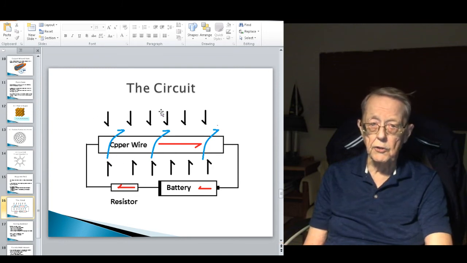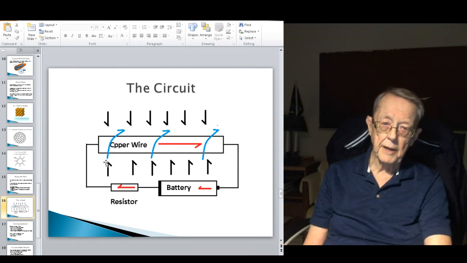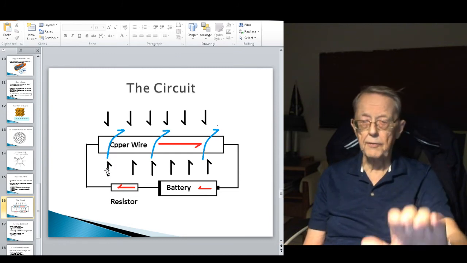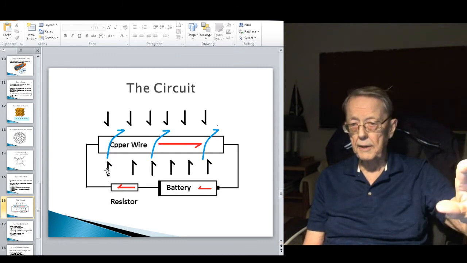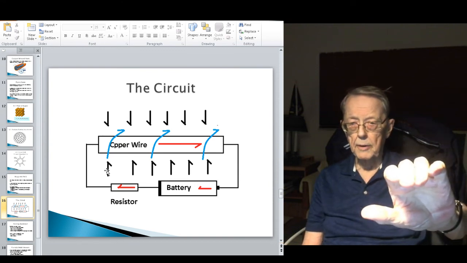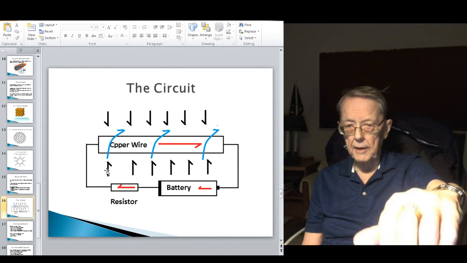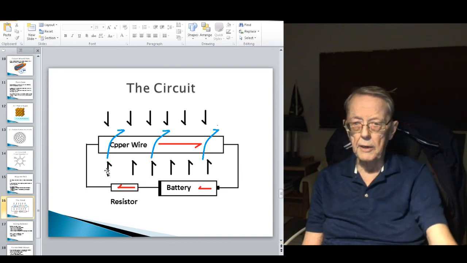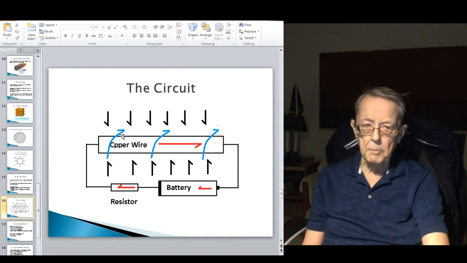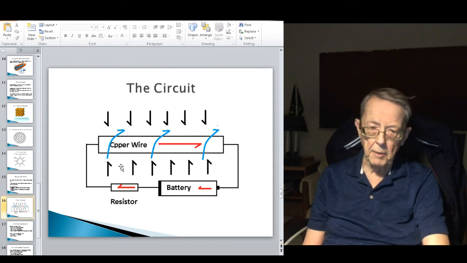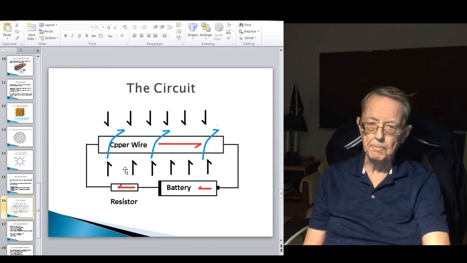You got the G2 force field around the wire, and I'm expecting that based on this, where if you use the left-hand rule again, the particles are going this way, and the magnetic flow is going to go into the page at the top, and from the bottom, it's going to come out of the page.